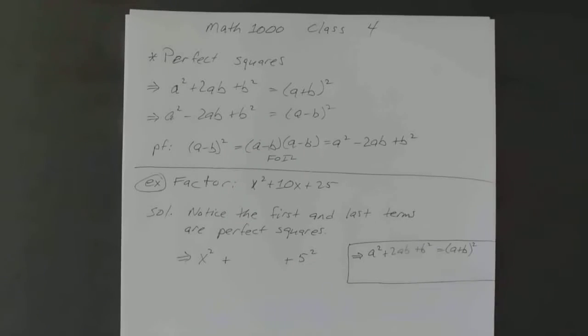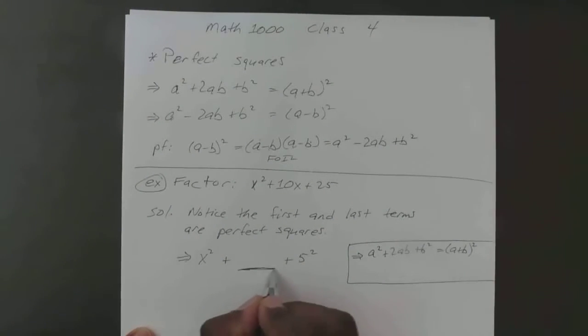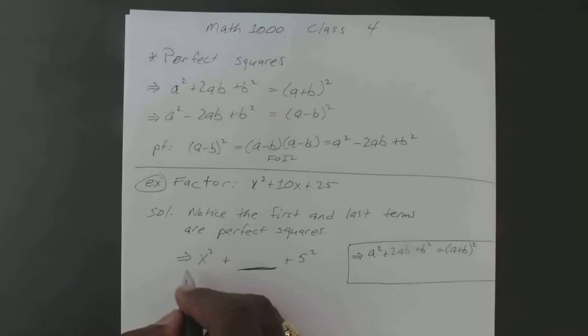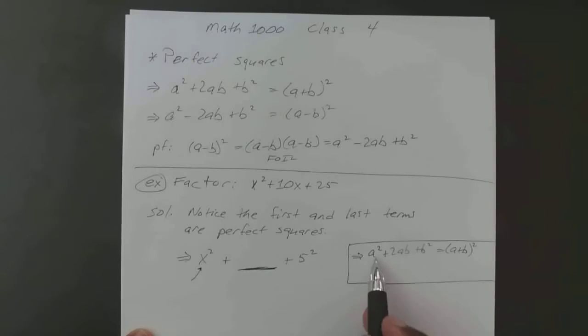Okay, and you do that by once you're figuring out this, you look at this middle term. Here, in order for this to match, your a would have to equal x. In order for this one to match your 5 squared, that means your b would have to be 5.